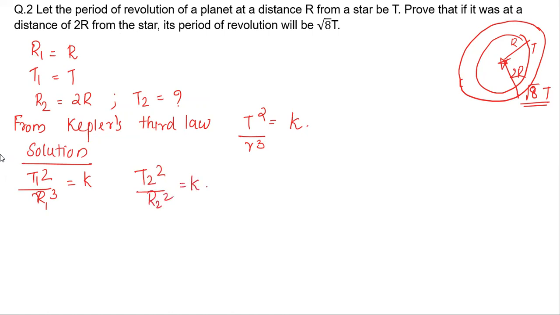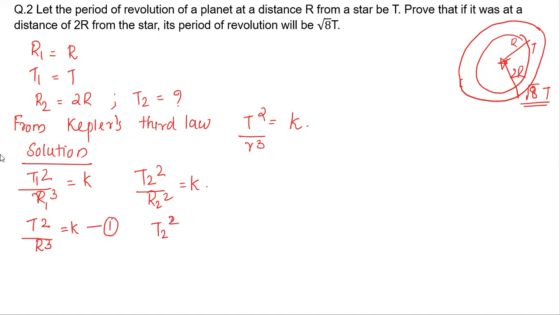Okay, what is t1 square? Substitute the values. T1 is equal to t, and r1 is equal to r, so we can write t square upon r cube is equal to k. Let it be equation number 1. Now t2 square, we don't know t2, we have to find out, or we have to prove.